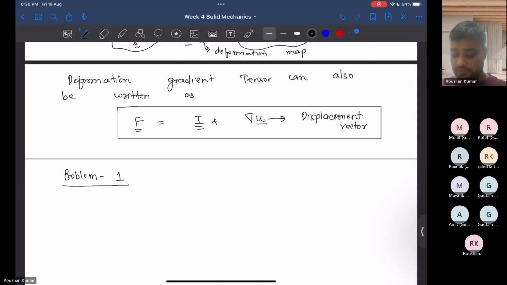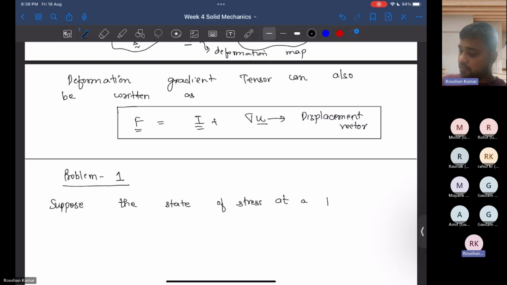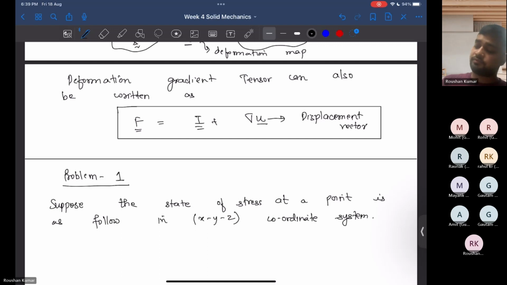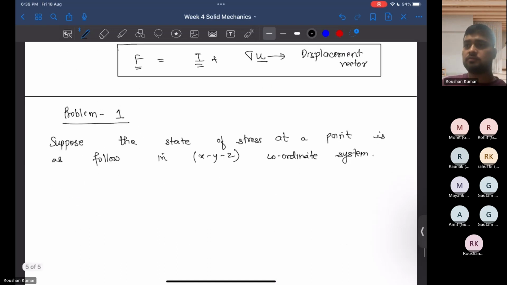The problem is: suppose the state of stress at a point is as follows in the x, y, and z coordinate system.